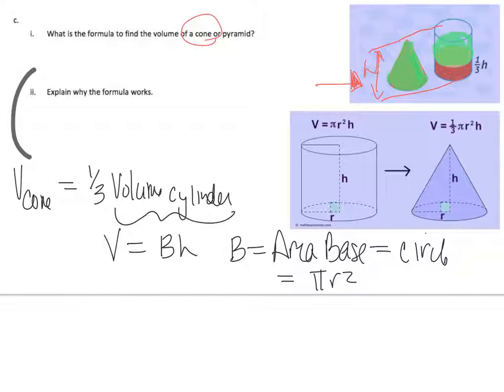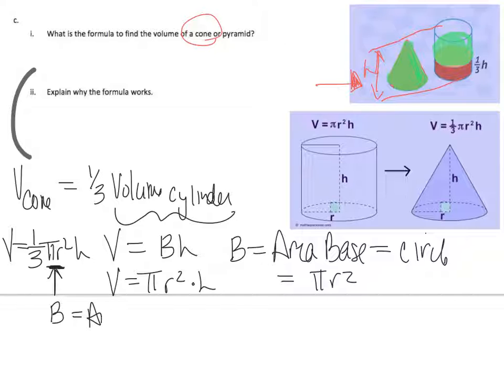So volume equals pi r squared, which is the area of the base, times the height of the cylinder. So the volume of the cone is 1/3 pi r squared h, where pi r squared is big B, area of the base, which is a circle.